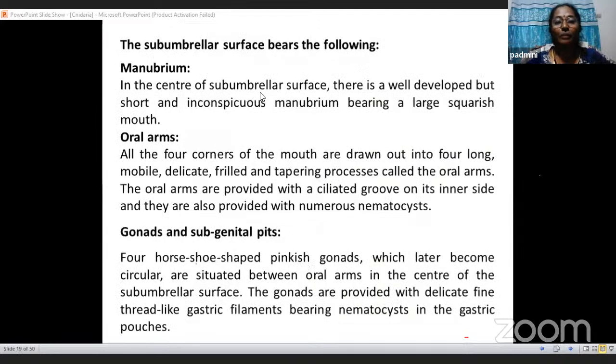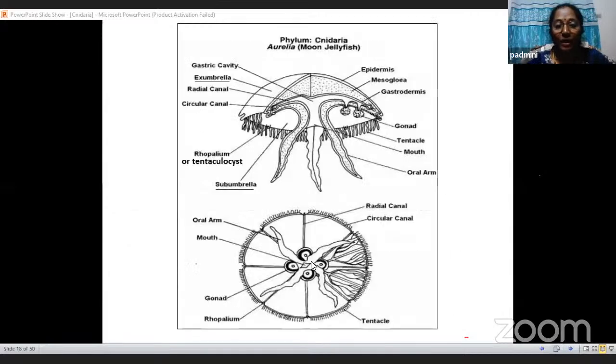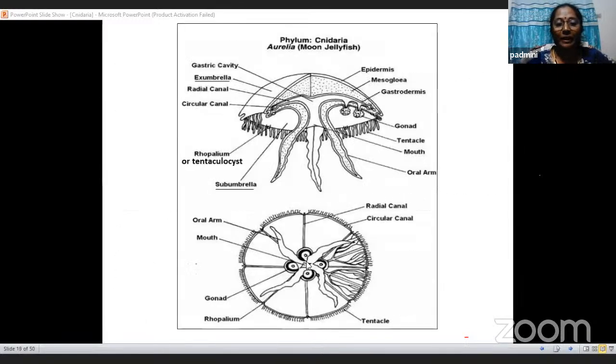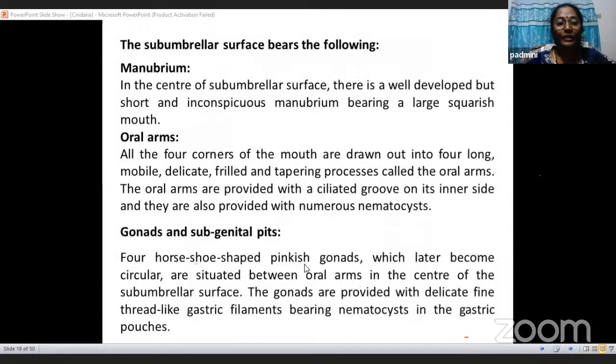The center of the subumbrella surface has a well-developed, short, inconspicuous manubrium bearing a large squarish mouth. So this is a square-shaped mouth present over there. Oral arms, you can see the oral arms on all the 4 sides of the mouth. You have the arms extending. So that's an oral arm over there. And they are frilled and tapering processes.